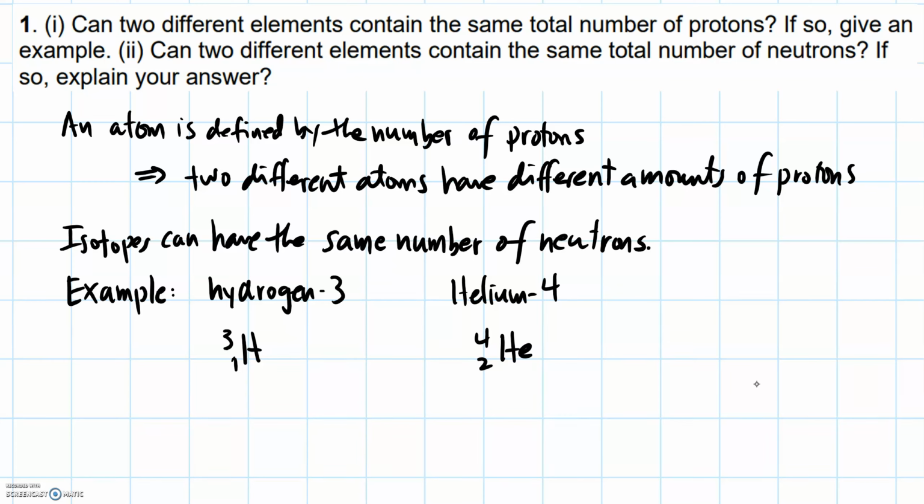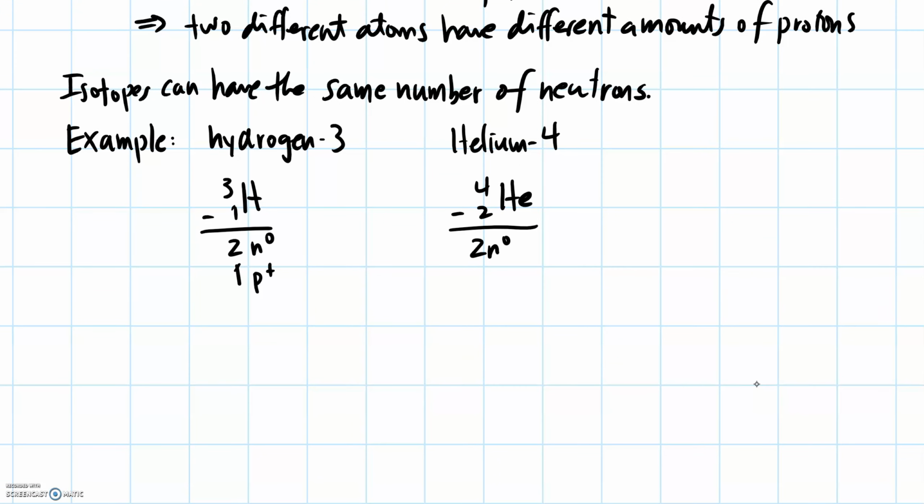So if I calculate the number of neutrons and protons, I have 2 neutrons, 1 proton, and in this case I have 2 neutrons, 2 protons. So what you're seeing here is that they have the same neutron number, but they have different proton numbers.